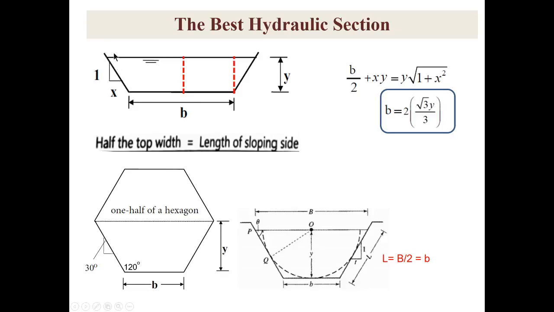I told you that half of the top width equals the length of the side slope, or length of the side. If these two conditions are accepted to construct the most efficient trapezoidal cross section, as you see here, the result would be one half of a hexagon.